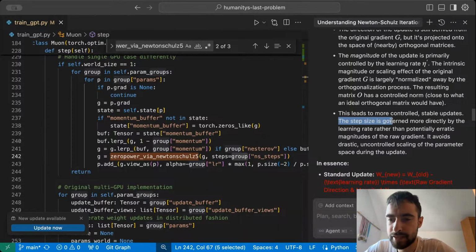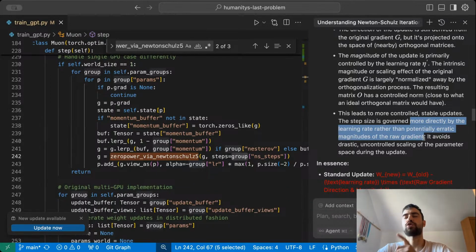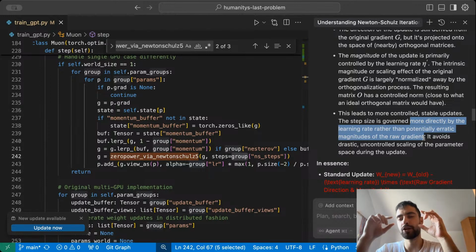The step size is governed more directly by the learning rate rather than potentially erratic magnitudes of the raw gradient. True. So now we are normalizing each gradient, and now we can control it better just with the learning rate. So now it's not like random magnitudes.